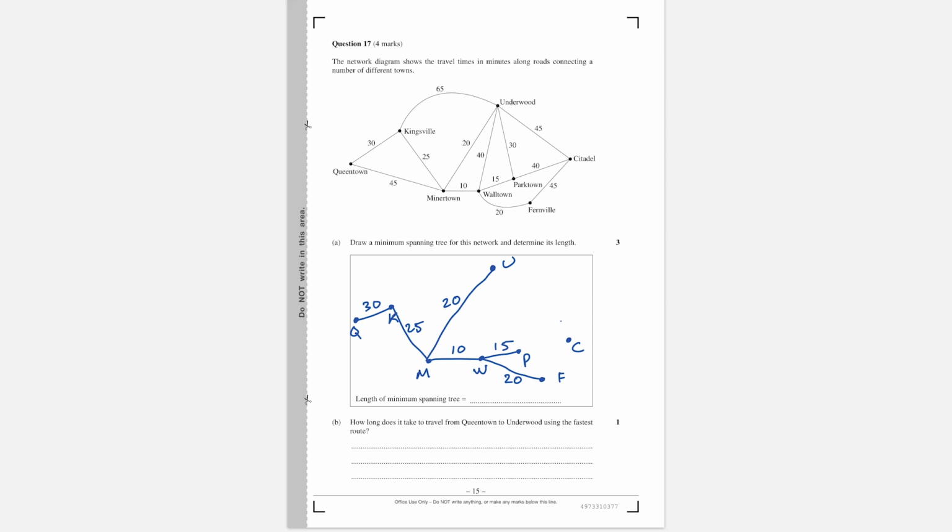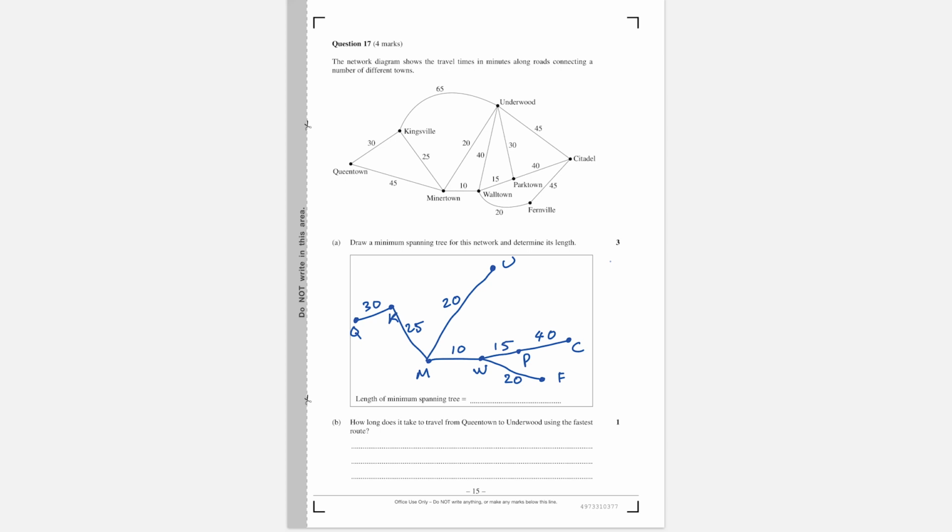We could use 45, we could use 40 or 45. We want to pick the smallest number, so that's 40. And that's it. We're done. We have connected all of the dots, and that's how we know that we have completed our minimum spanning tree.